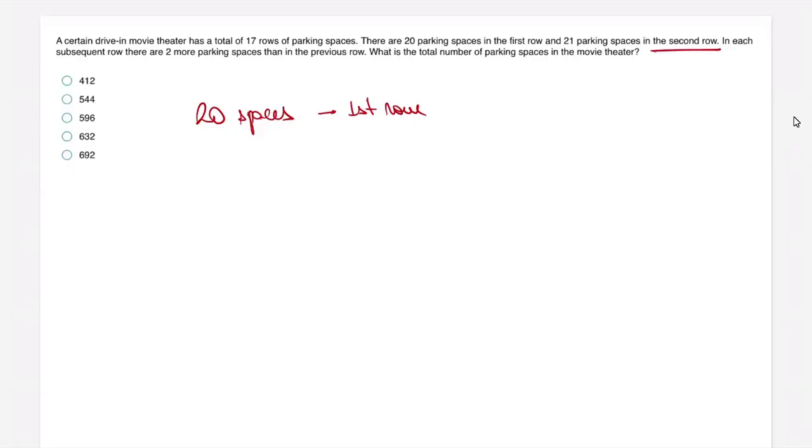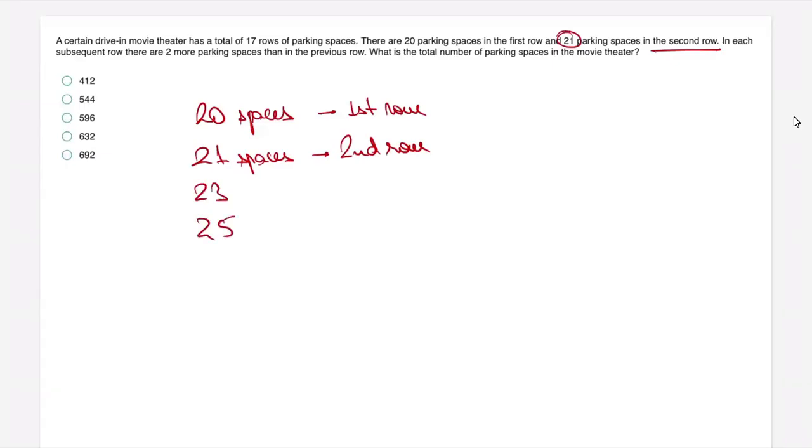In the second, no, sorry, 21 in the second. In each subsequent row, there are two more. Okay, so here is 23, 25.